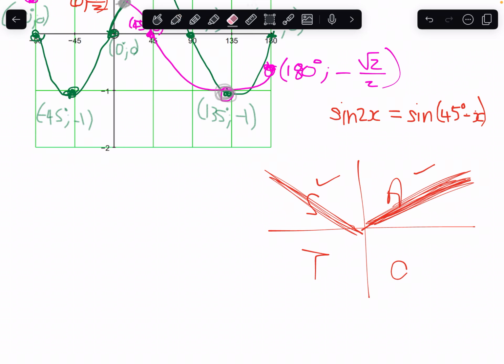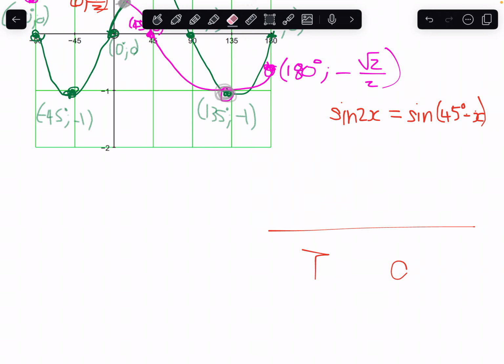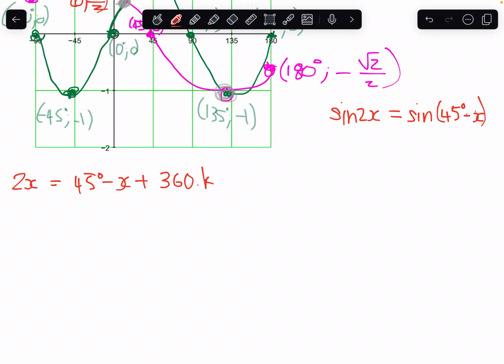Let us write that out. It's either 2x will be equal to 45 degrees minus x, and remember, they could be exactly equal, or 45 degrees minus x could be 2x plus however many revolutions added or subtracted from it. That will all end up in the same place on the Cartesian plane. So that's case number one.